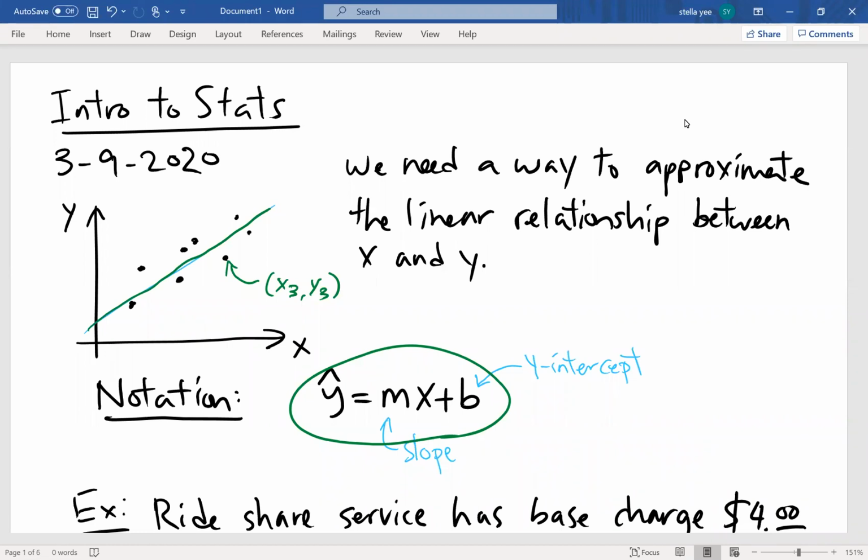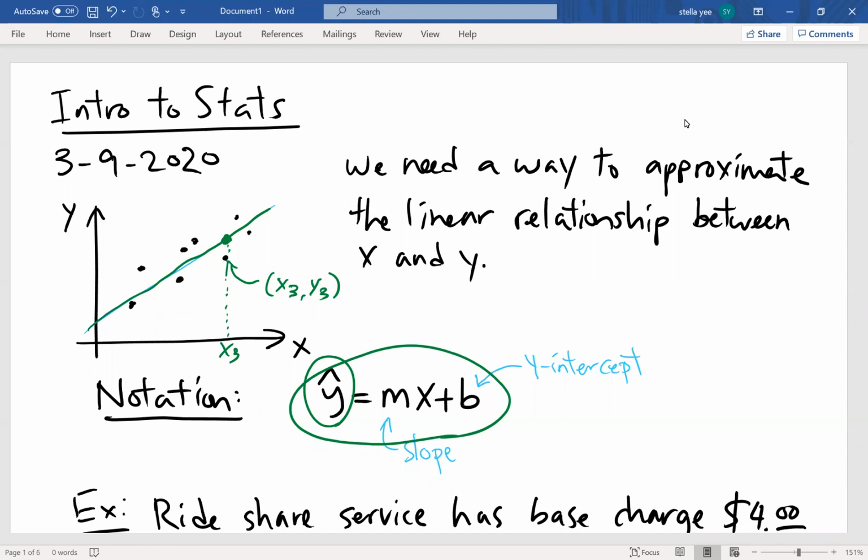But if we're approximating that y value for a given x, what we're going to use for the approximation of y is going to be the notation y hat. So that's what I'm going to use to distinguish between the actual value of y that's observed and the value that we're approximating.